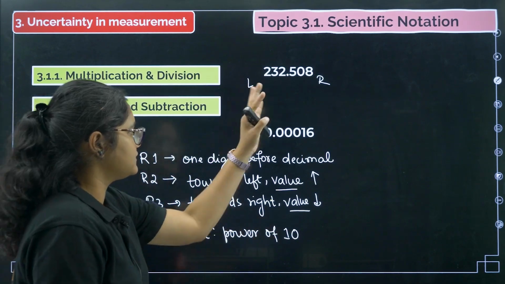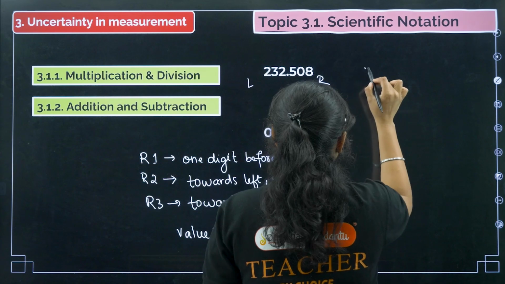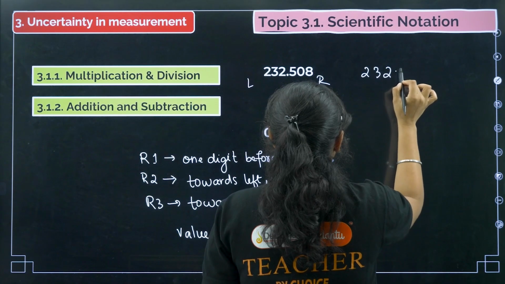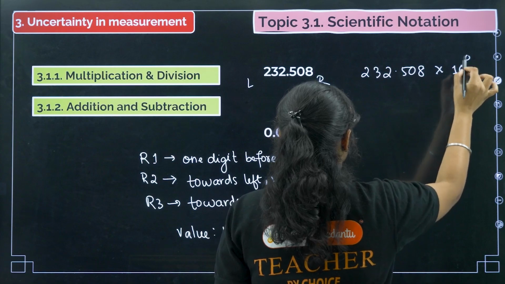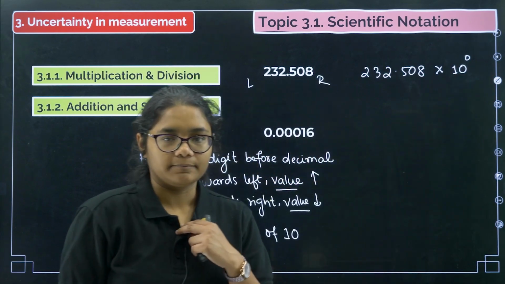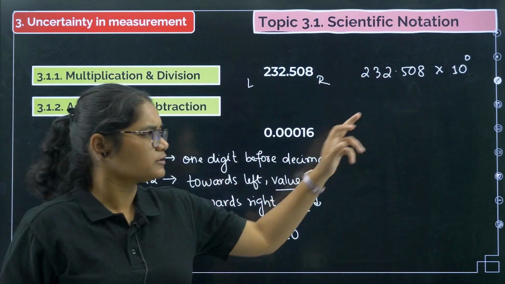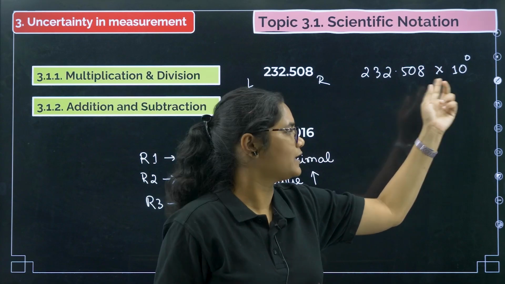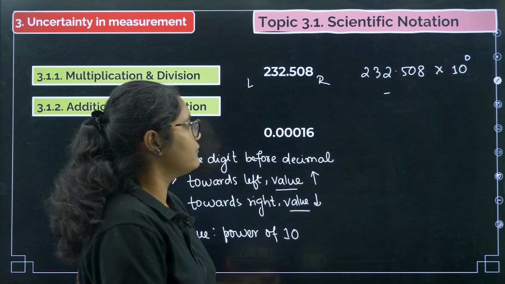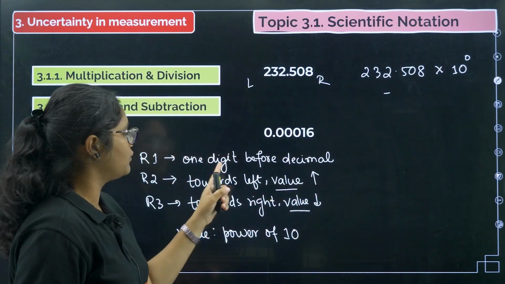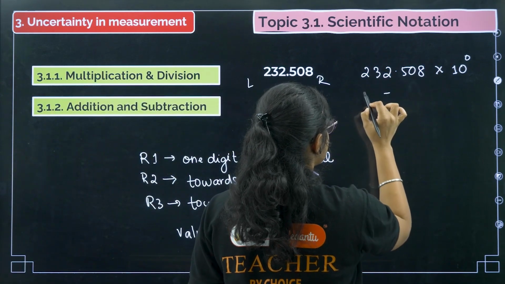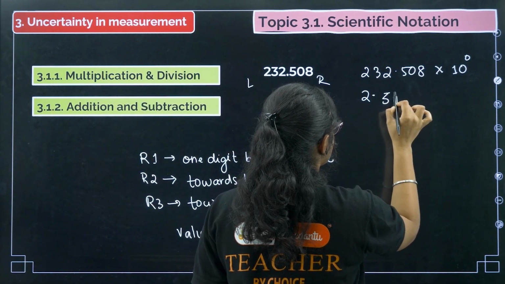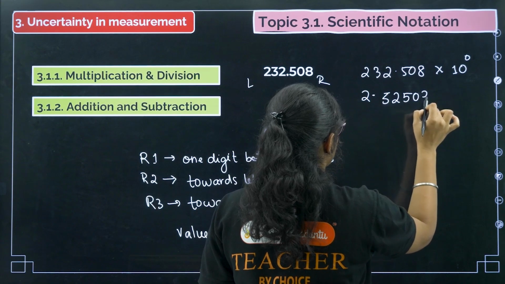Now let us see here. If you see the number 232508, can I write it as times 10 to the power of 0? Any doubt here? We can write 10 to the power of 0, because it is 1, so it is the same thing. The rule is that there should be only one digit before the decimal, so the decimal should come here, 2.32508.